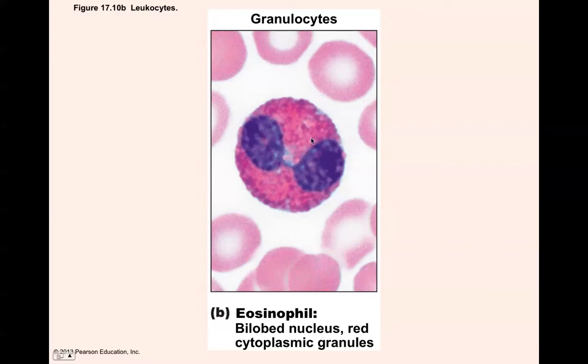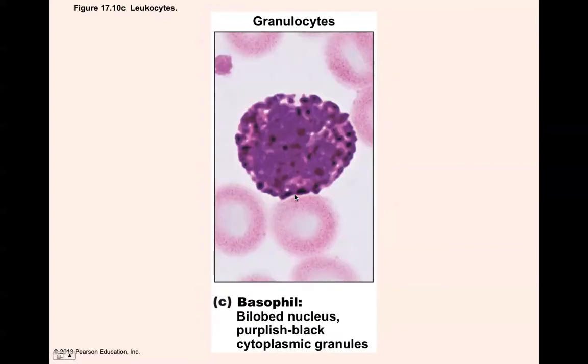The most obvious thing on the eosinophil, though, would be these really reddish-staining granules throughout the whole cell. Then you've got a basophil. It also has a bilobed nucleus. You can barely see it, though, but the real dominant sign is these blackish-purple granules that pick up the stain.